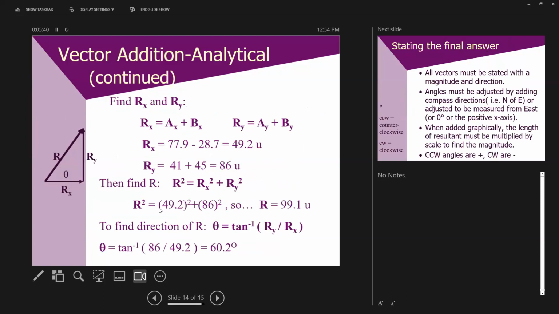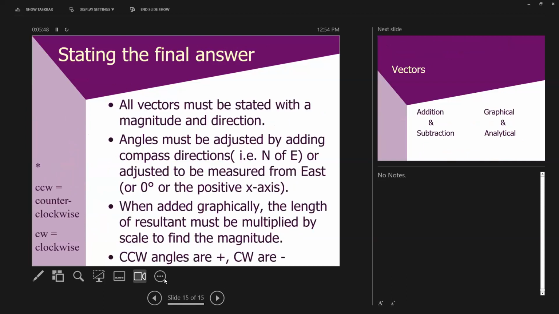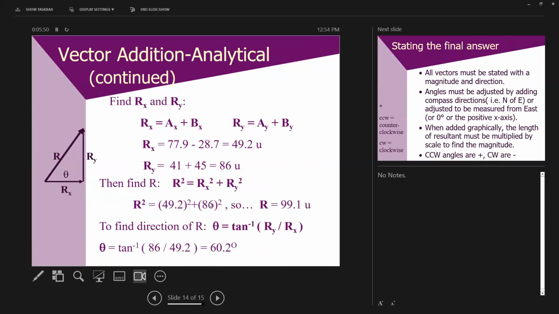With the Pythagorean theorem, because you will have one resultant horizontal component and one resultant vertical component, one side squared plus the other side squared equals the hypotenuse squared. Take the square root, and that will be your magnitude. How do you get the direction? Look at those components: shift tangent, opposite over adjacent, gives you the angle.